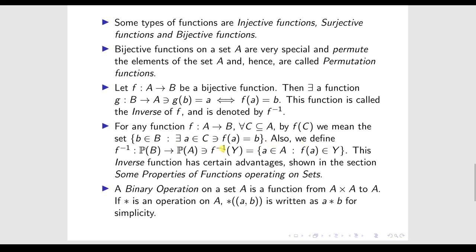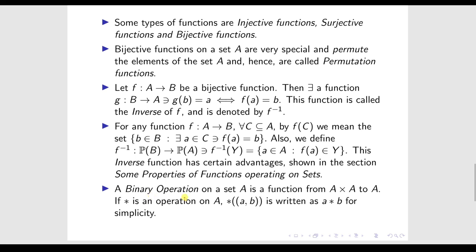Also, we define f inverse, another kind of inverse, from the power set of B to the power set of A such that f inverse of Y equals the set of all a in A such that f of a belongs to Y. This inverse function has certain advantages which are shown in the section Some Properties of Functions Operating on Sets. By this we mean those inequalities which become equalities in terms of f inverse.